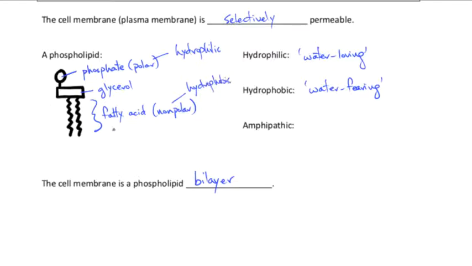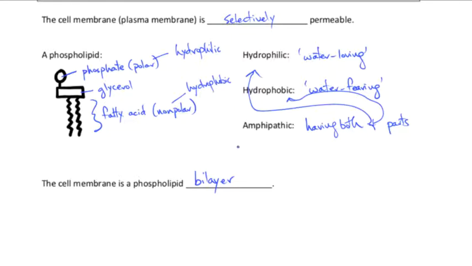When we have a molecule like this that has a hydrophilic part and a hydrophobic part, we call that amphipathic. It's something that has both hydrophilic parts and hydrophobic parts. That's amphipathic. So a phospholipid is an amphipathic molecule.